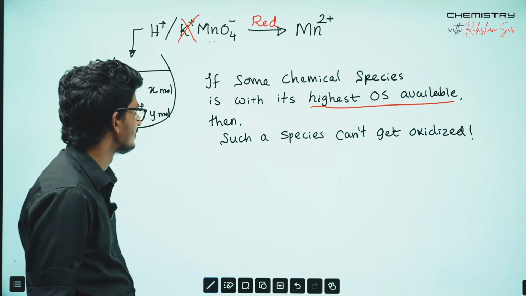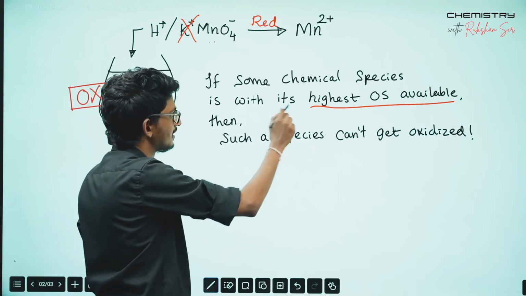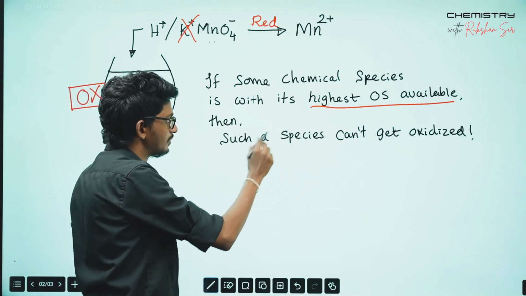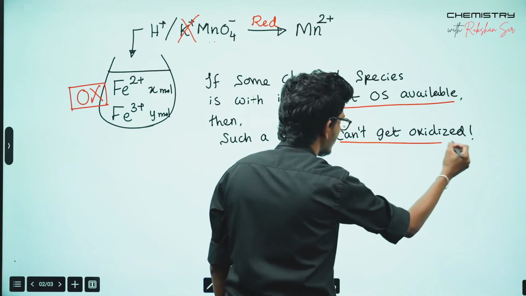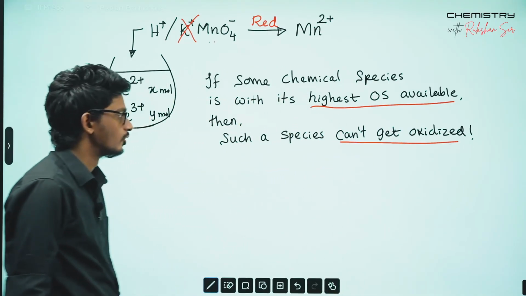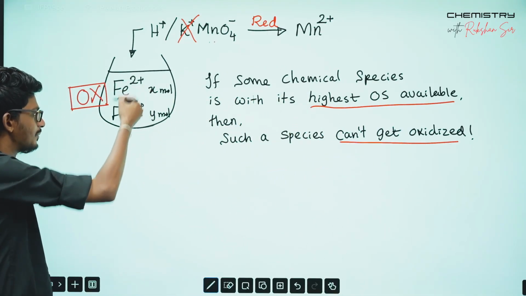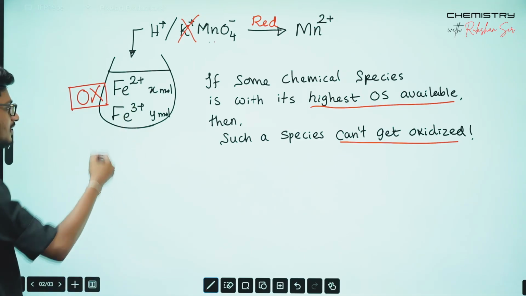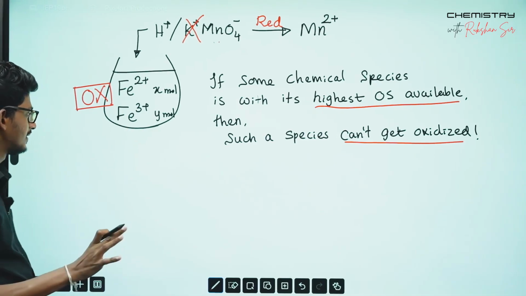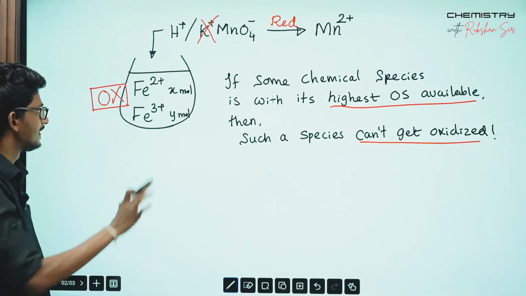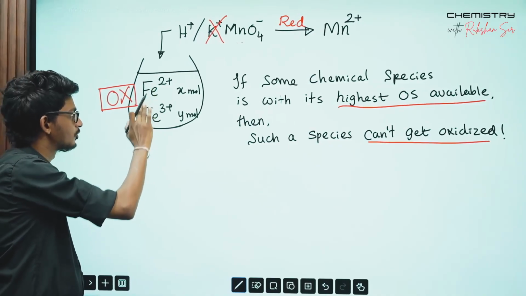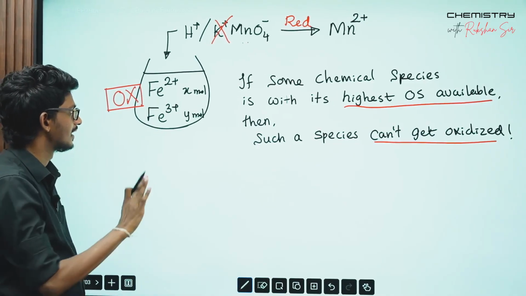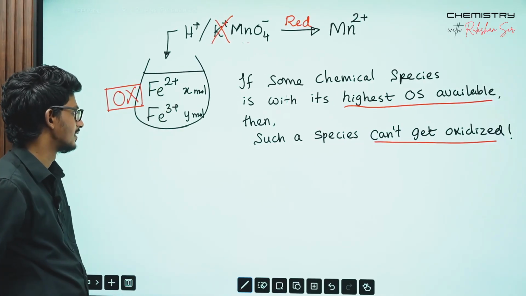Right? That is what it says. If some chemical species is with its highest oxidation state available, then such a species can't get oxidized. So if you think of these ions appearing here, the Fe2+ and Fe3+, what we have learned is that the ion can have only the +2 or the +3 oxidation states.